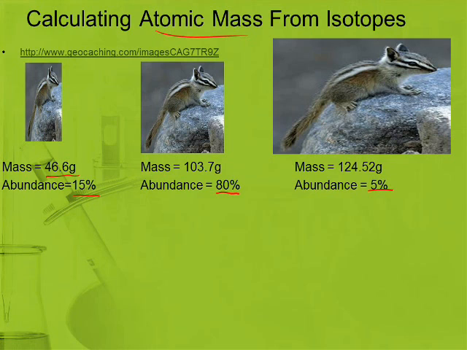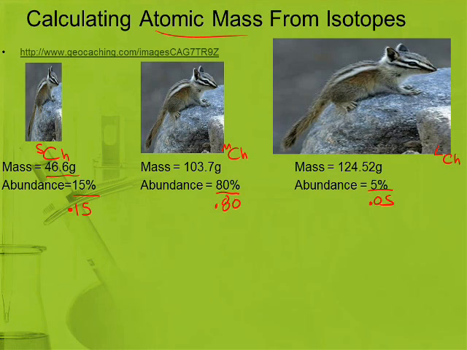So this is going to be 0.15, this is going to be 0.80, and this will be 0.05. Let's make atomic symbols for these. This is the chipmunk small, this is the chipmunk medium, and this is the chipmunk large.